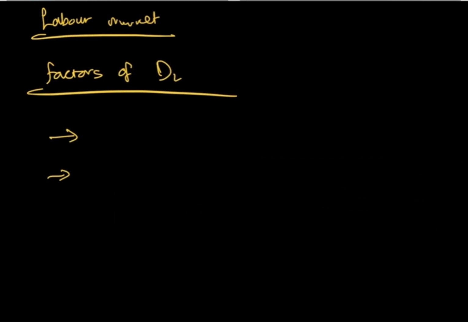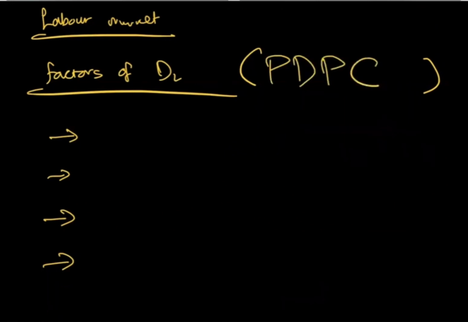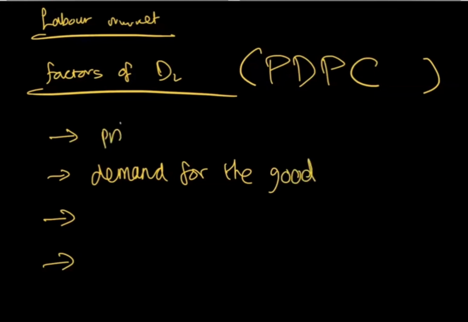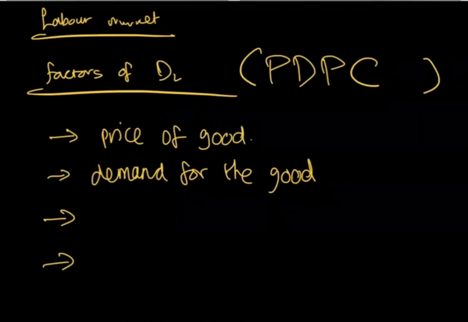So then what are the factors? Is it because it's derived demand? So it would be if the demand for whatever the labor is producing goes up. Yeah, good. So PDPC is my way of remembering it. Demand for the good, price of the good, because it leads to a higher or lower quantity demanded.